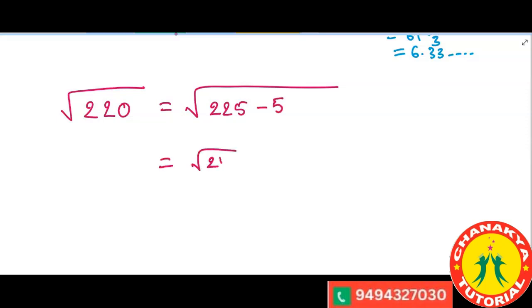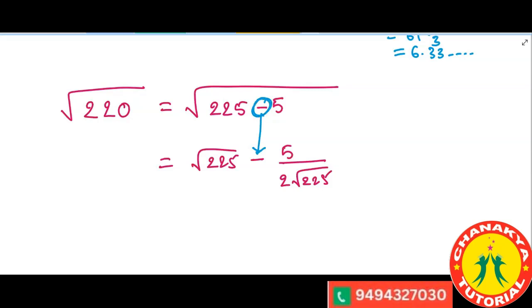Root 225. If it is minus, we use minus only. Minus 5 by 2 root 225. So why did we use minus 5? Why not plus 5? See this one: if it is plus, we use plus; if it is minus, we use minus.